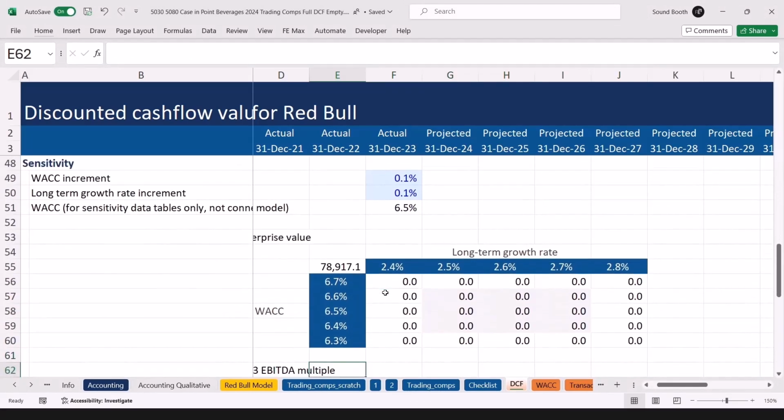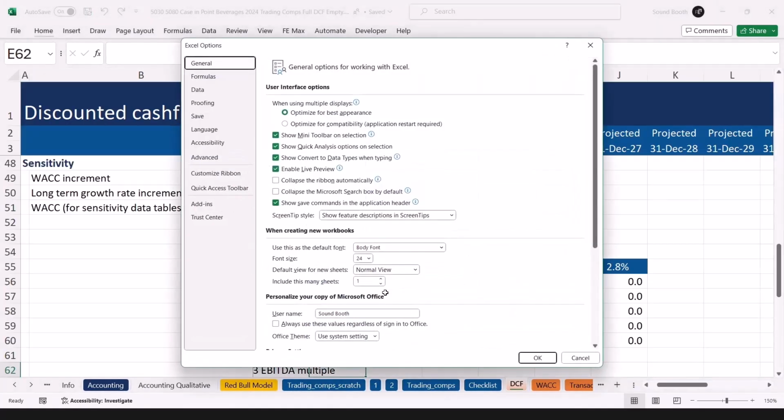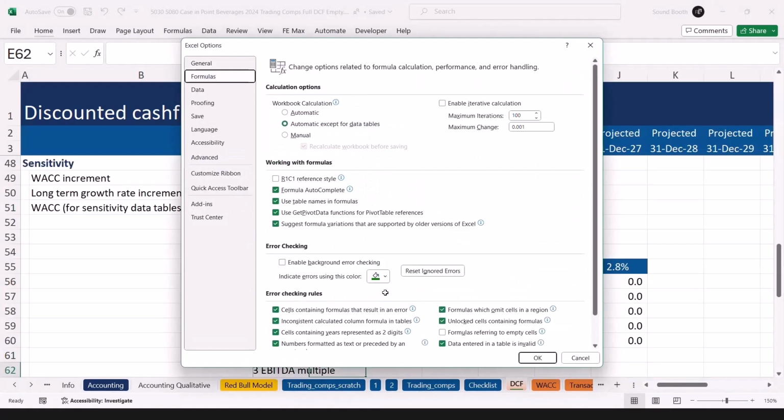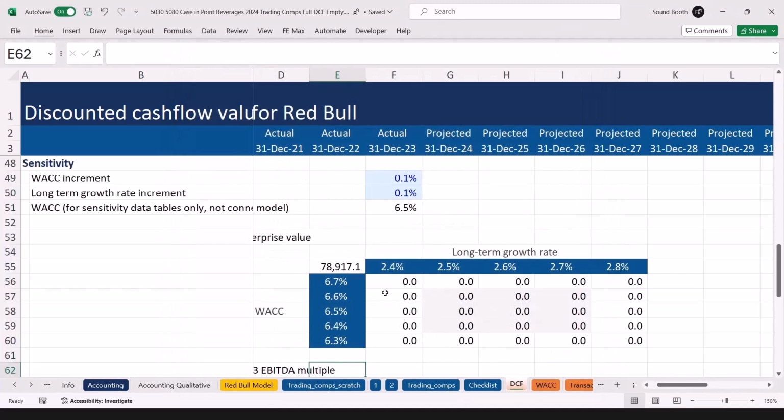Now, in this case, it probably means that I have not got automatic turned on in my calculation. So if I do Alt-FT and I go down to formulas, can you see it says automatic except for data tables? And this is put on in a lot of models because data tables are like Count Dracula when it comes to the CPU, central processing unit, because it's literally sucking the lifeblood out of Excel's process.